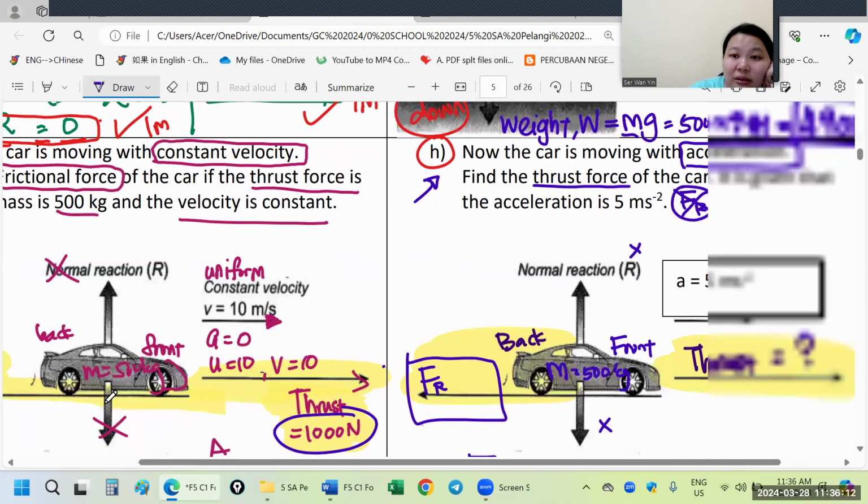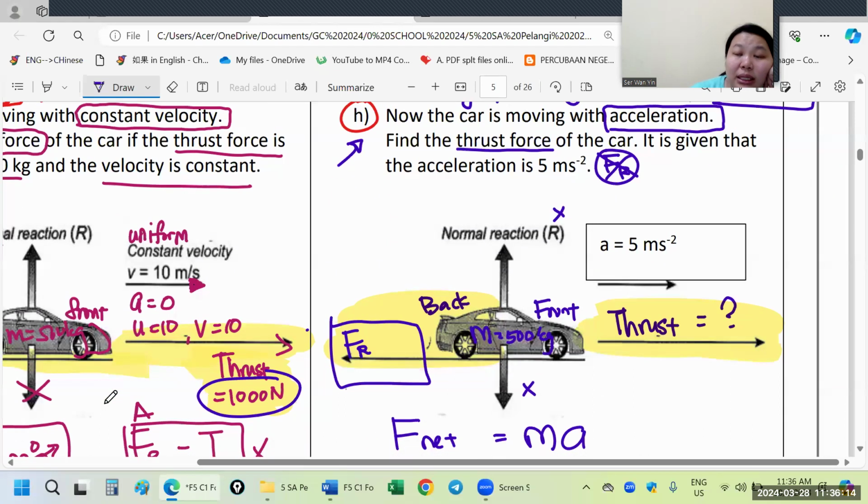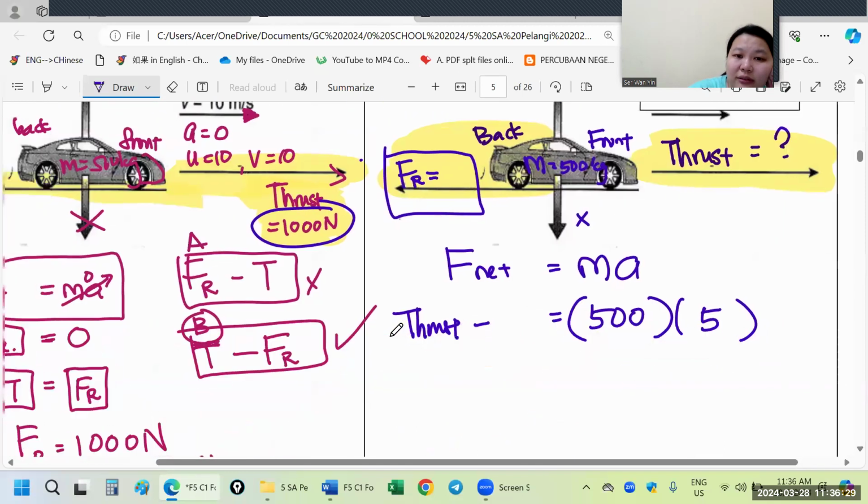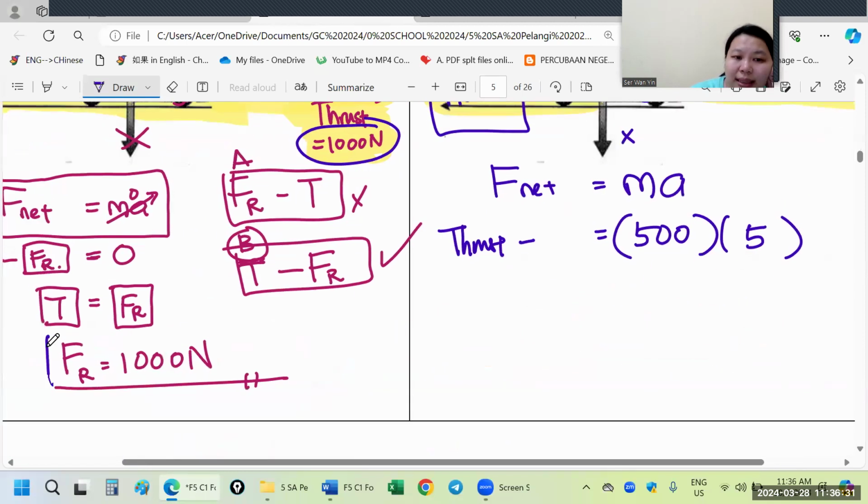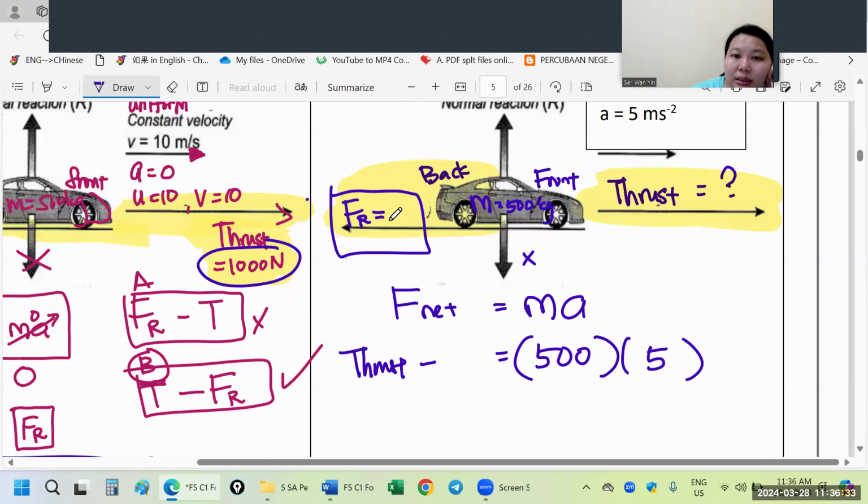That's why I say this question exists in, I think, SPM 2016. They don't remind you there is frictional force, but there is. So the frictional force from here is 1000 Newton.